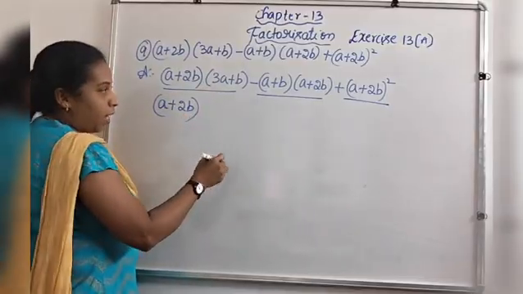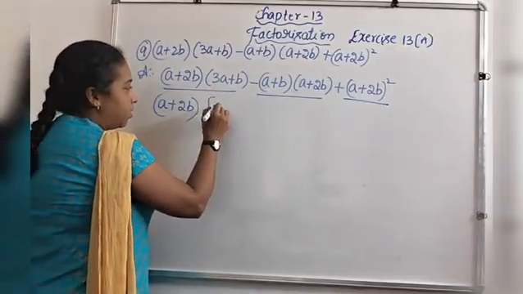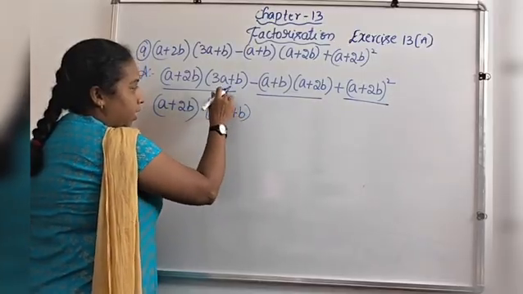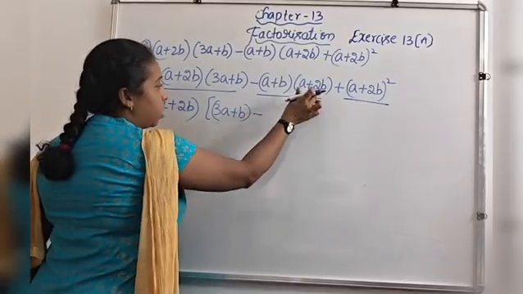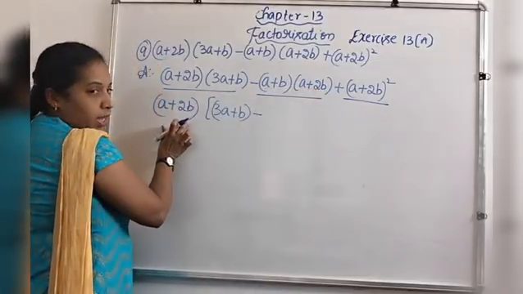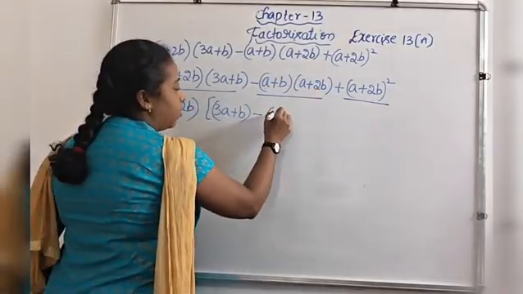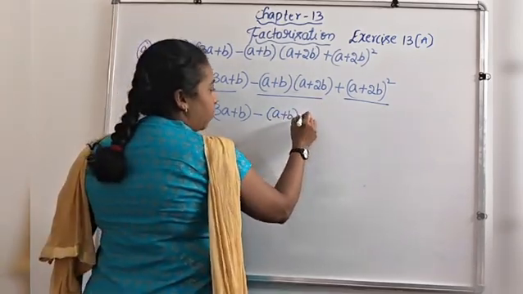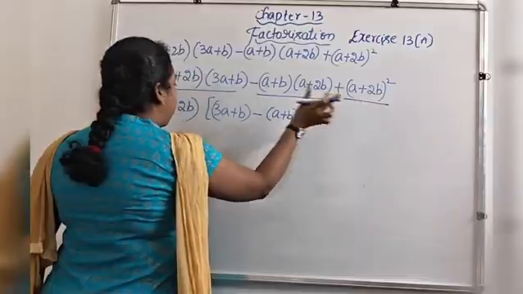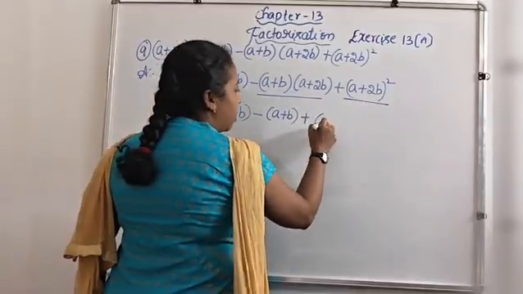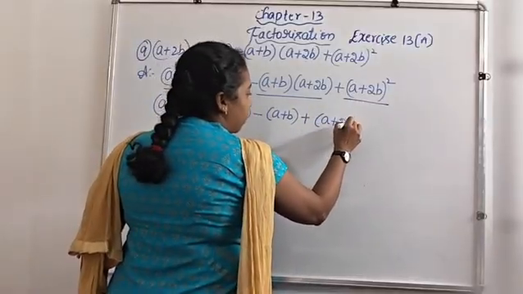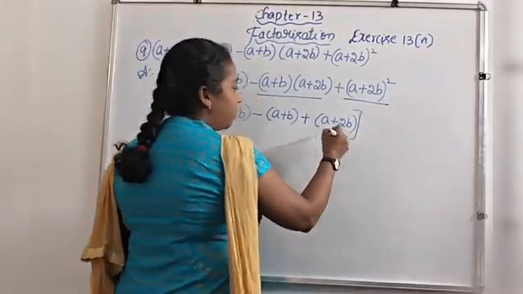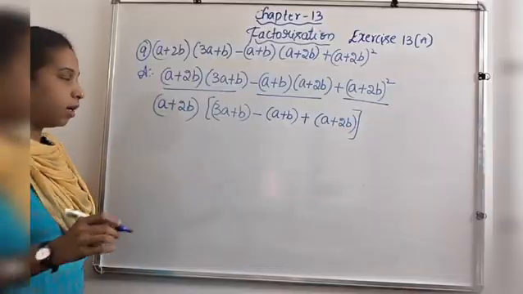Then within the big bracket, we'll write the same. So 3a plus b. Right? And here minus. So a plus 2b I have taken a common, and remaining is a plus b, and plus sign, a plus 2b I am taking a common, and remaining is a plus 2b, and close with a big bracket.